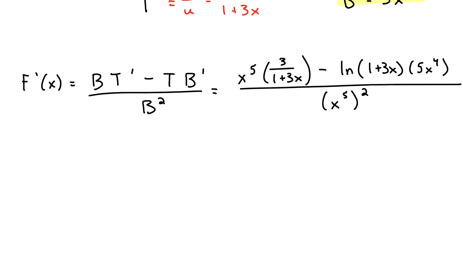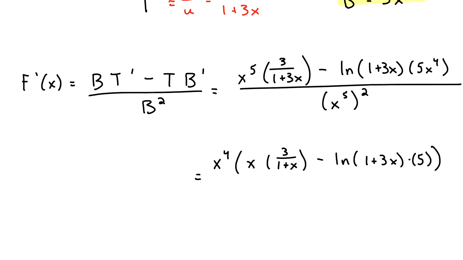If I look at my numerator, I first of all see I've got x to the fifth. Here I've got x to the fourth. I can factor out some powers of x here. So I'm going to factor out x to the fourth. We'll leave it as x times 3 over 1 plus 3x minus natural log of 1 plus 3x times 5, all divided by x to the fifth squared.